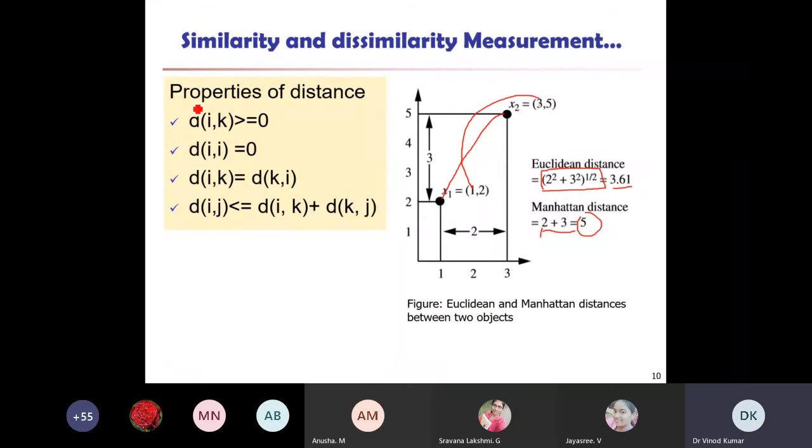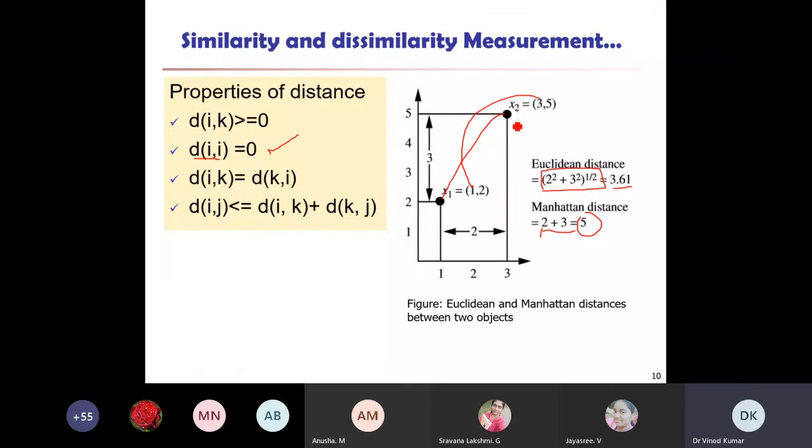Some distance formula properties: the distance between the objects i and k will generally be greater than or equal to 0. The distance from the same object to itself, suppose x2 to x2, is definitely 0.